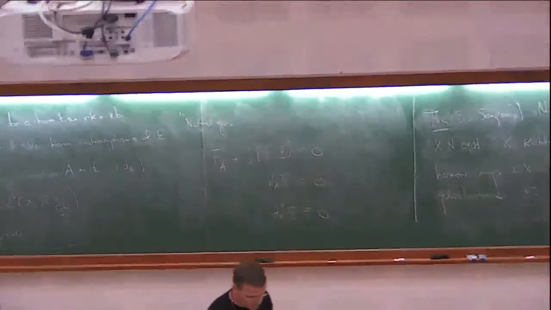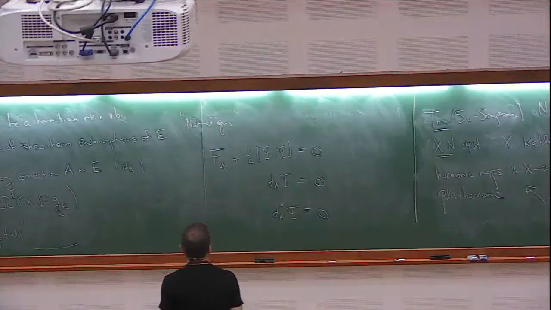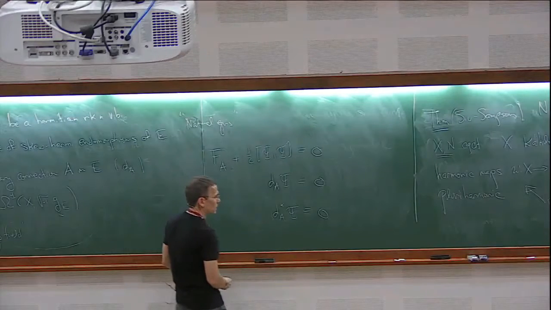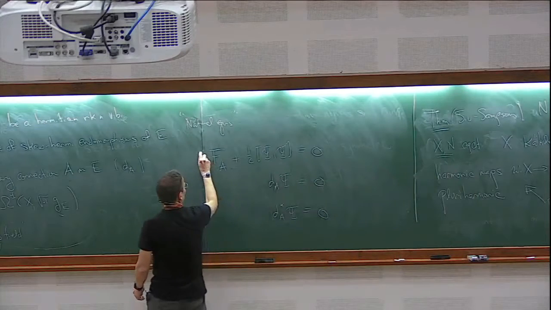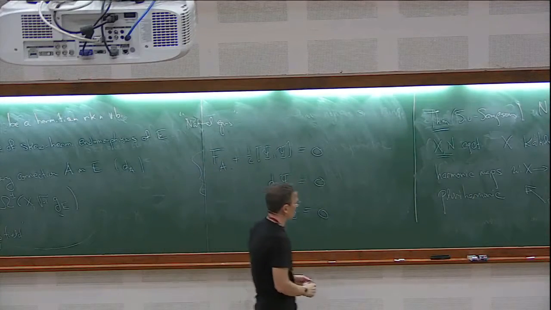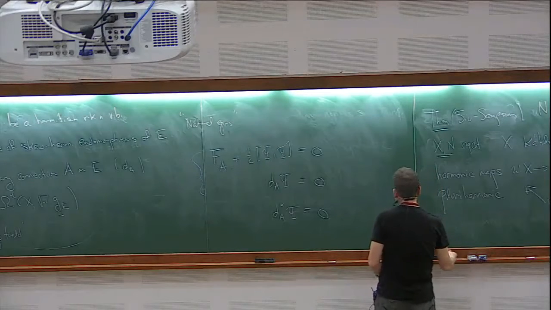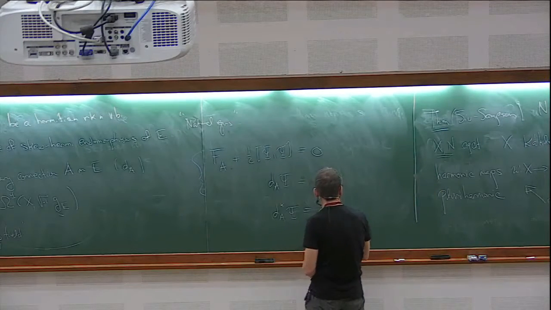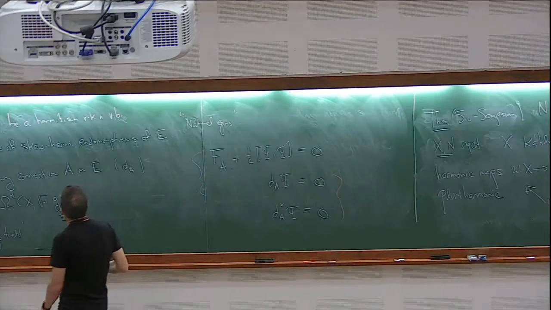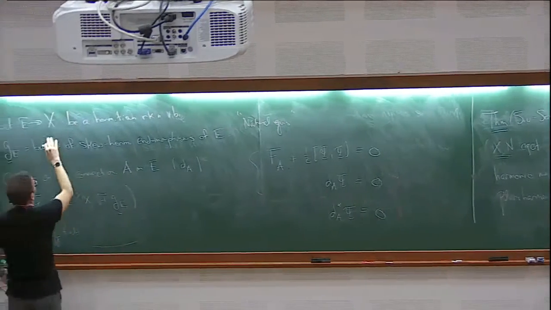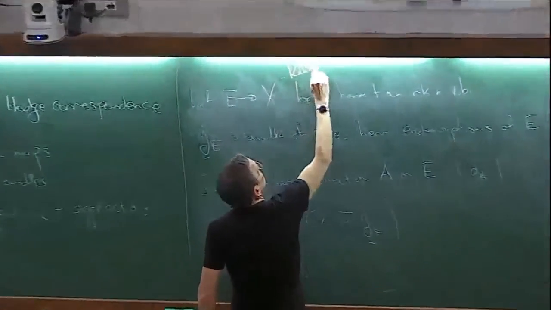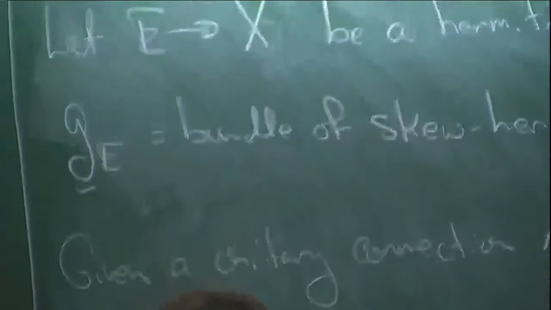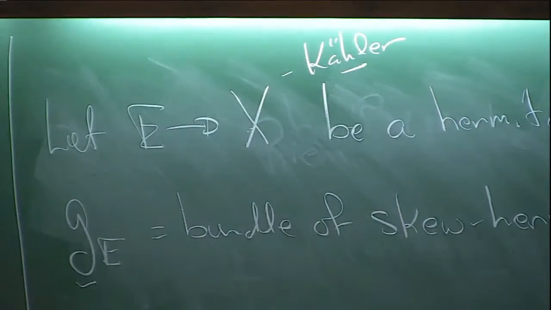And so what do I want to say about these? So if I divide up these equations in sort of two pieces, so I can look at the first two equations, or I can look at the second two equations. And here, let's continue to assume, this makes perfect sense on any Riemann manifold, but let's assume that X is Kaehler. So then the first two equations are nothing but flatness equations.